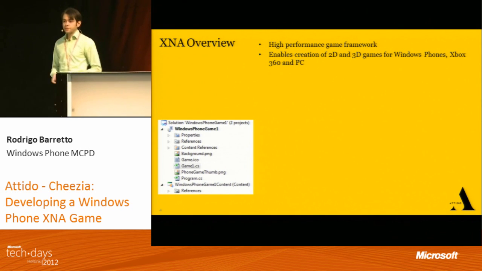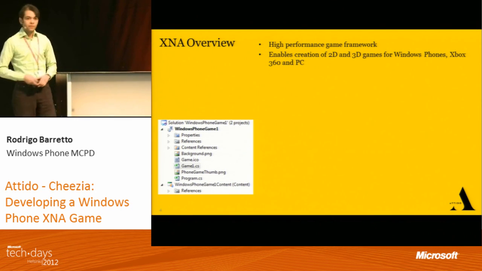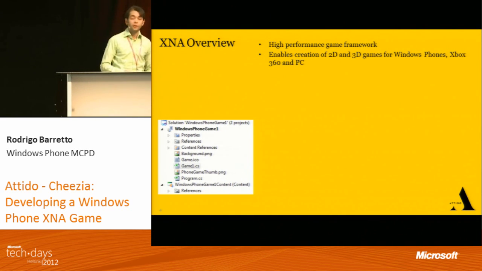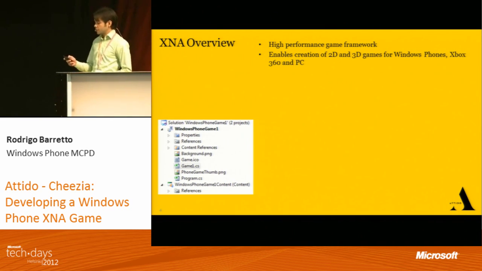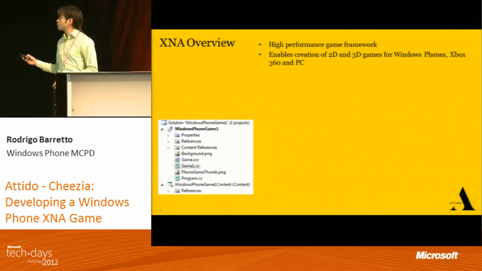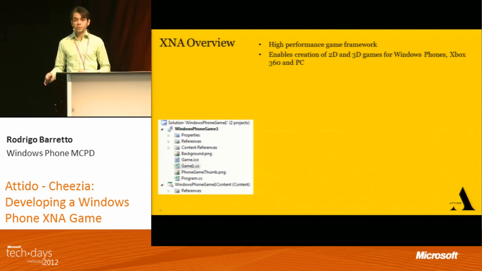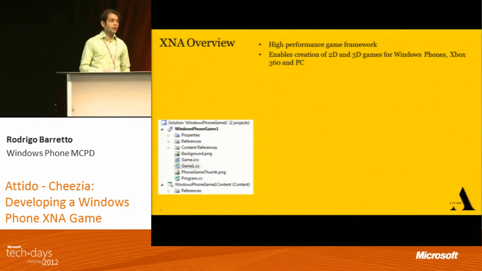Now, imagine that you have a good idea for a game. The first thing you're going to do is create a game project in Visual Studio. And what Visual Studio does is that it creates a solution for you comprised of 2 projects. The first one down here is the content project. And in this content project, that's where you're going to put all of your game assets.